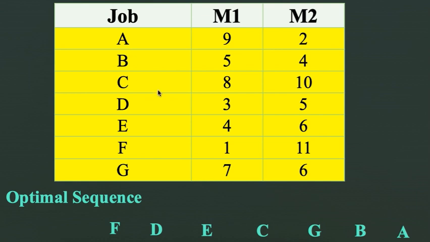And hence job F will be sent to machine M2 at time instant 1, and the processing will be over by 12 hours. 1 hour is here and these are the 11 hours, so 12 hours. And hence for job F on both machines M1 and M2, there will be no waiting time, that is, the waiting time is 0, right?